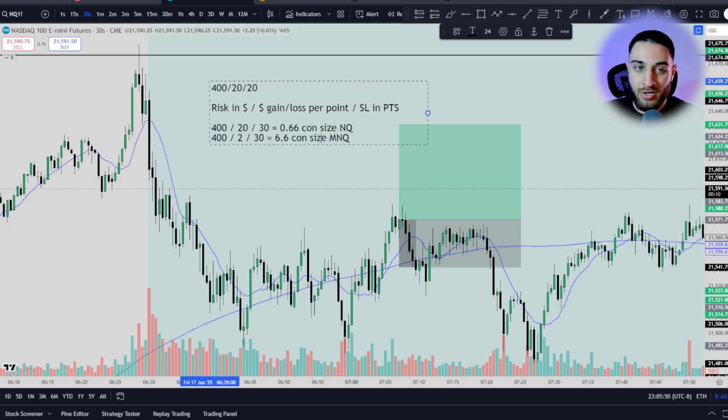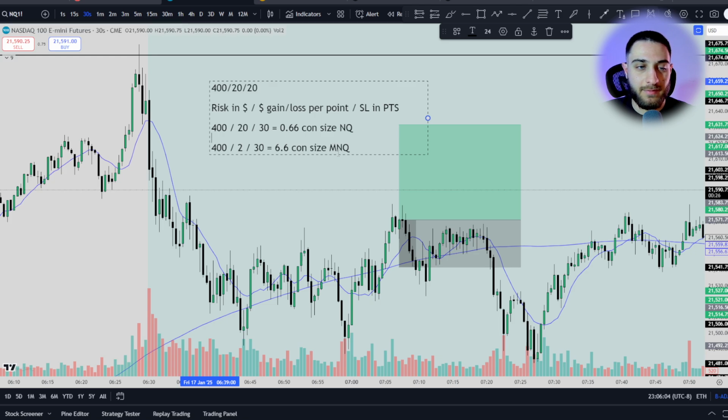If you understand this concept, you can just multiply your contract size by 10 and enter that on the micro NQ. That's what I do whenever my position size is too small, less than 1 but greater than 0. Use that as a tip for yourself. This is why I like this formula: it's really helpful for calculating how much to enter with on each trade, based on the amount you're willing to lose and the specific instrument you're trading.